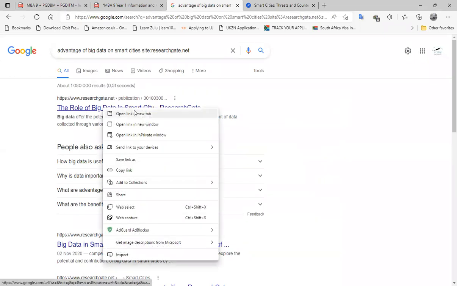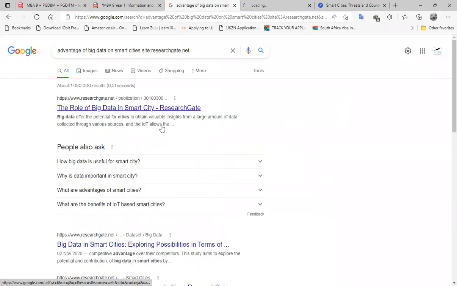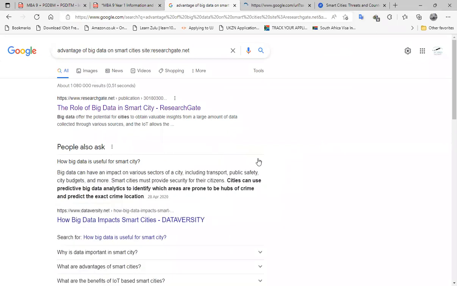The role of big data in smart cities. All right, so here he's talking about some of the things. One of the areas is what we call predictive data analytics, right? In this case, in terms of crime, they can predict the exact location.